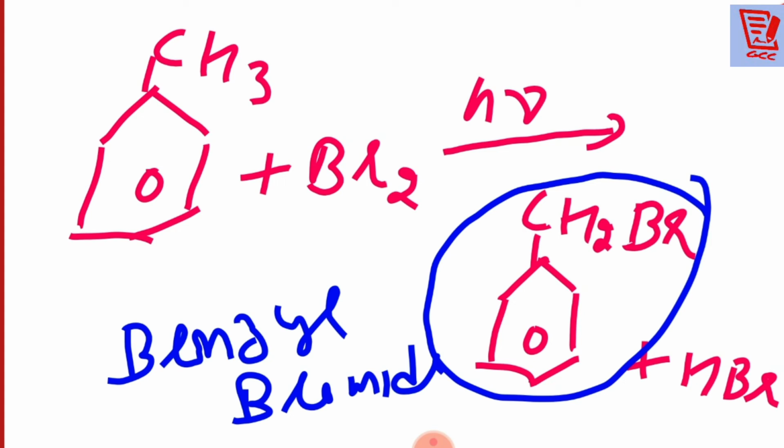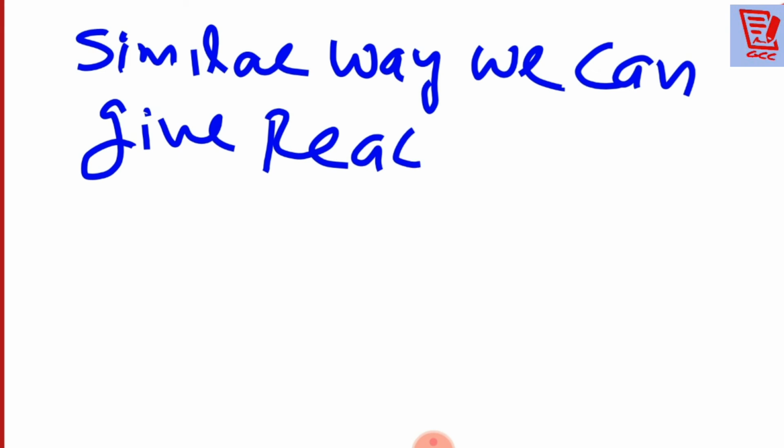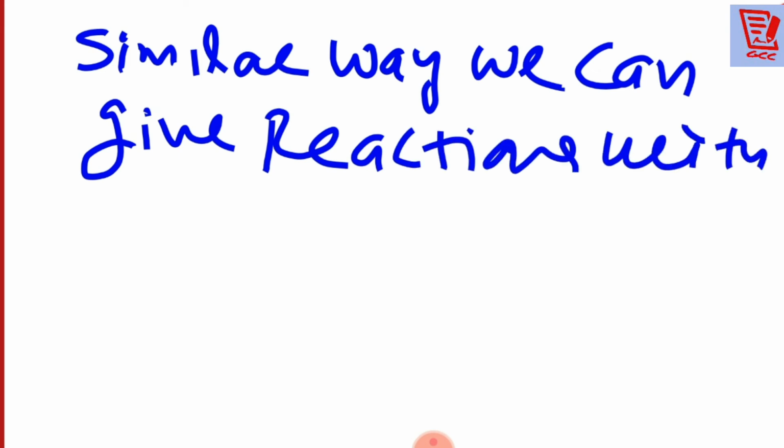We are doing it from the alkane. All the reactions we have done mainly with Cl. Only one we have done with Br. So what can we write? Similar way, as we have done with Cl2, we can give reactions with Br2 also.